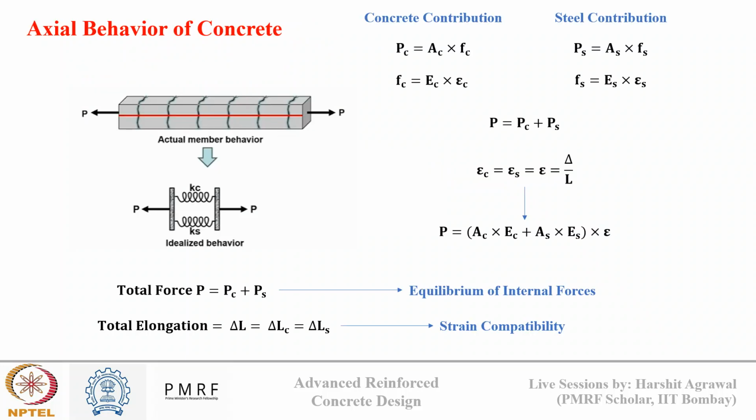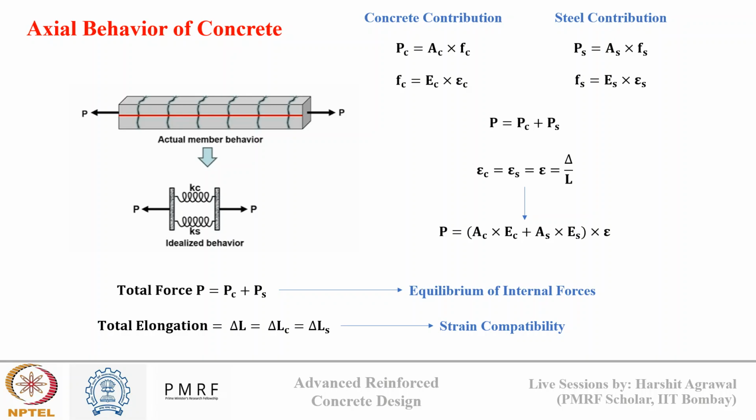Okay, so let's start. Last week we discussed the axial behavior of reinforced concrete. We idealized a reinforced concrete system with a spring-loaded mass where both concrete and steel are under an axial force, and they will elongate the same, but they will offer different stiffnesses.